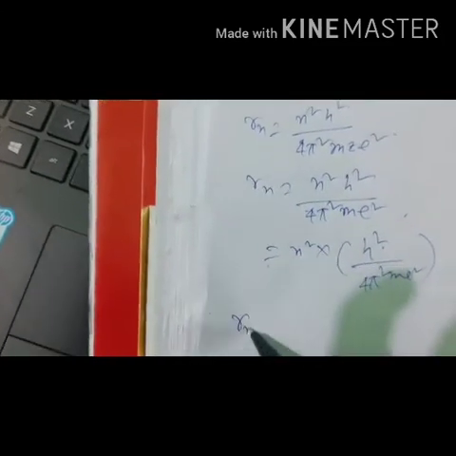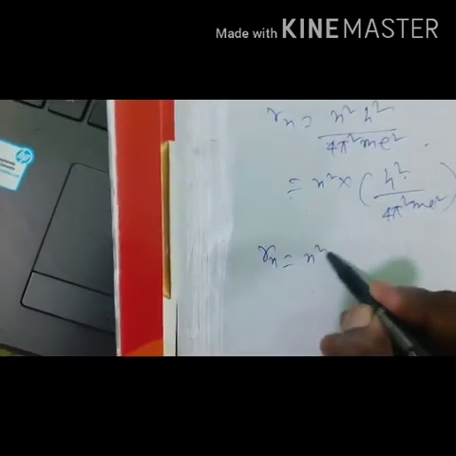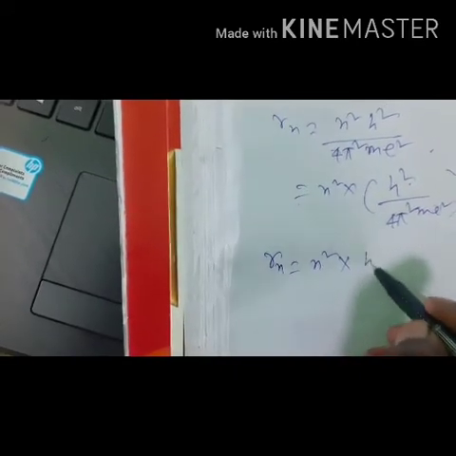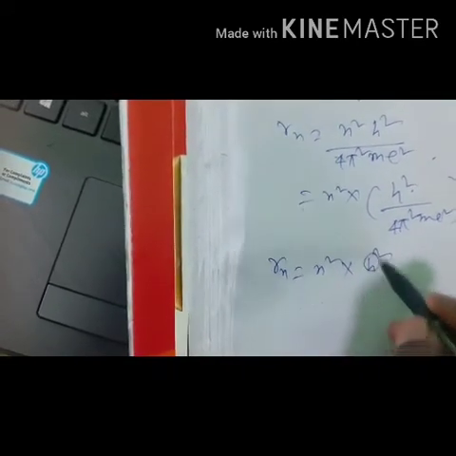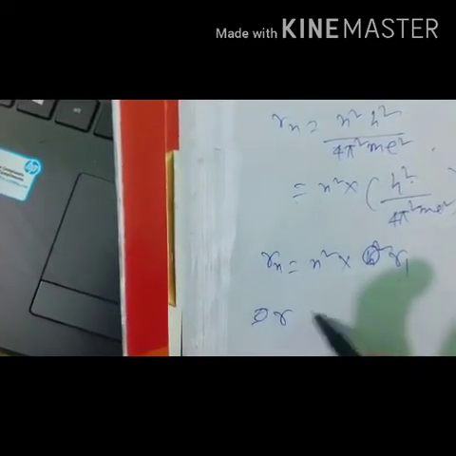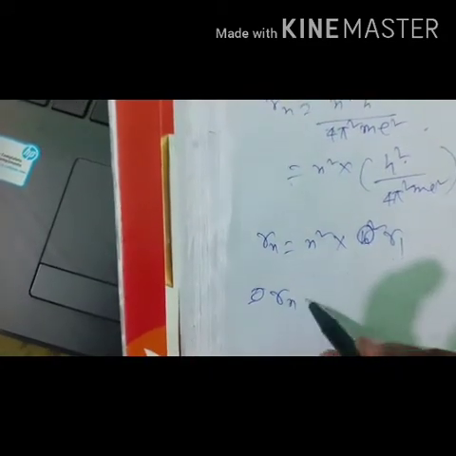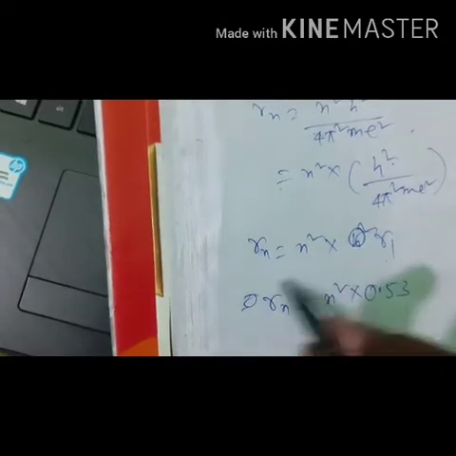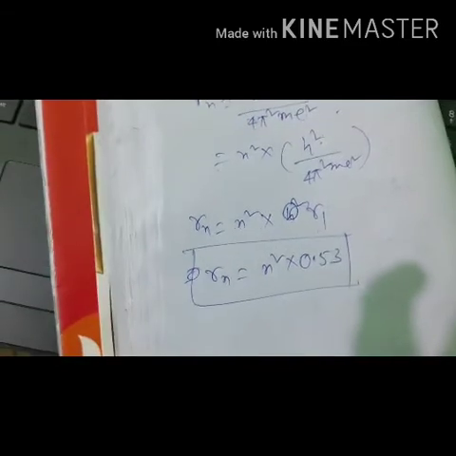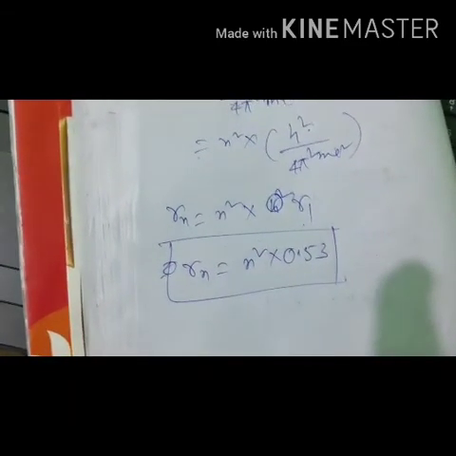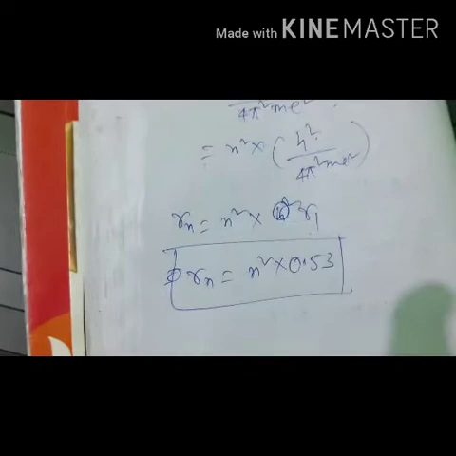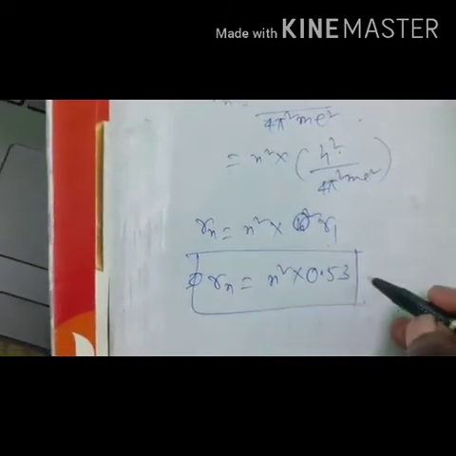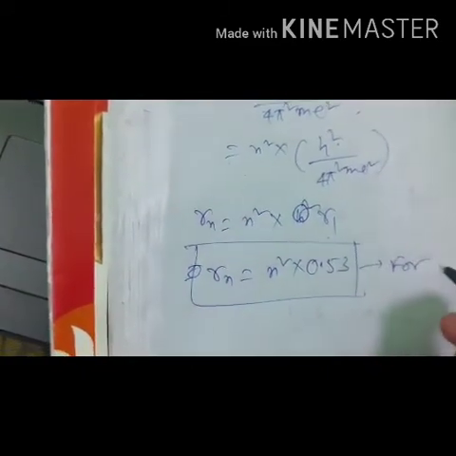So we can write Rn equals n square into R1, and the R1 value we have derived is 0.53 angstrom. So Rn equals n square into 0.53 angstrom. That is the expression for the radius of the nth orbit of the hydrogen atom in angstrom units, for hydrogen atom.